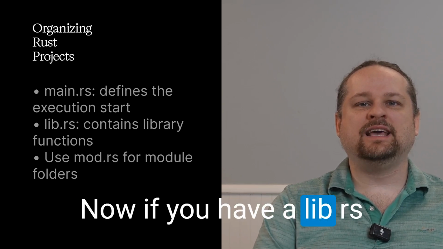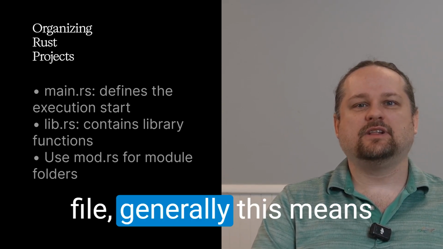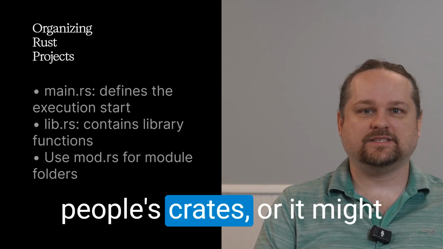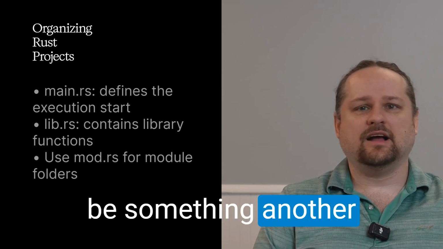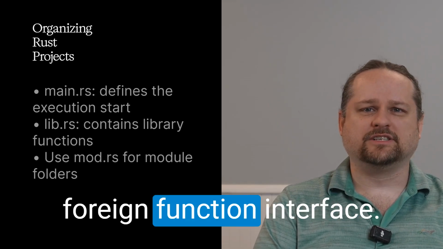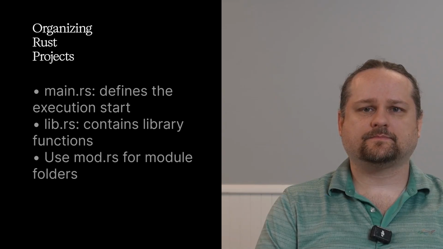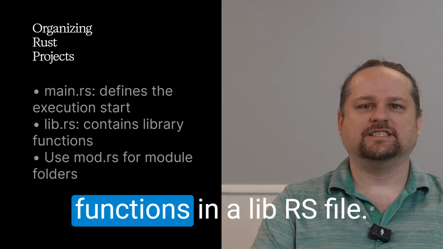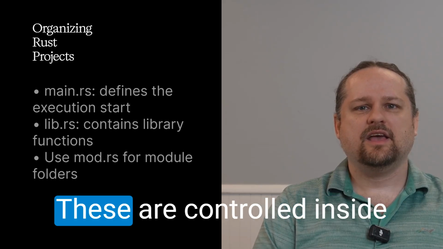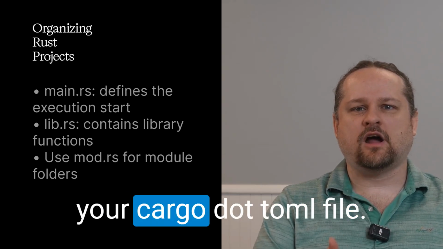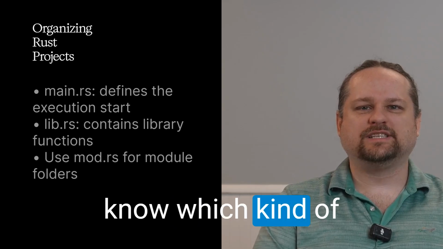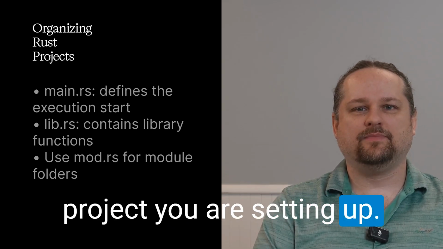Now, if you have a lib.rs file, generally this means you're building a library that might be called by other people's crates, or it might be something another program calls through a foreign function interface. And so with a library, you put your named functions in a lib.rs file. These are controlled inside your cargo.toml file, and it's really important to know which kind of project you're setting up.